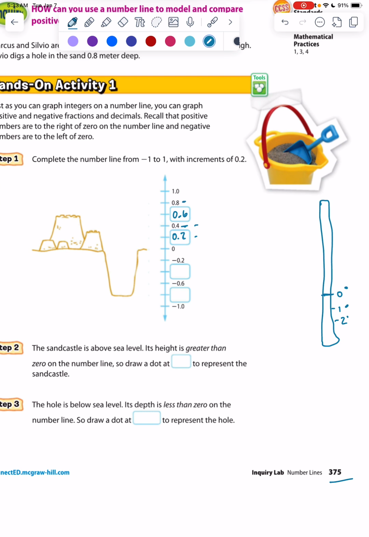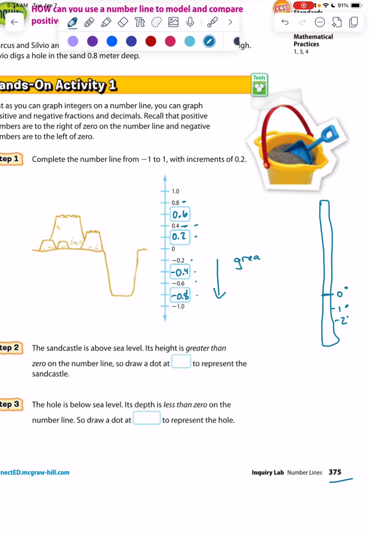And the other way, we have -0.2. So this is going to be negative 0.4, -0.6, and the next one is negative 0.8. Notice how, in a way, as the numbers get further away from zero, they seem to be getting larger, but it's just a greater distance from zero is how you should think of that.